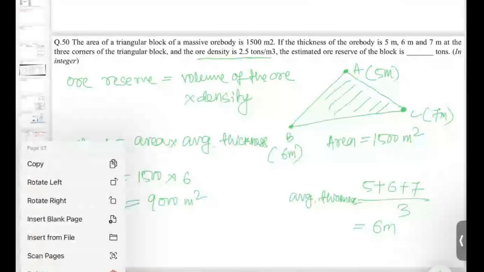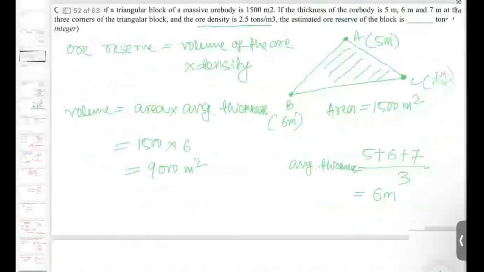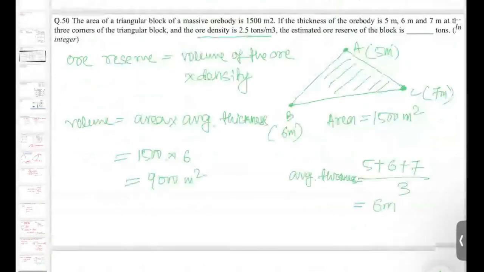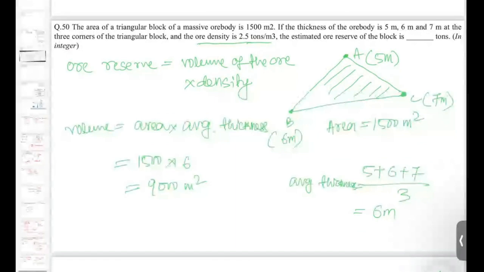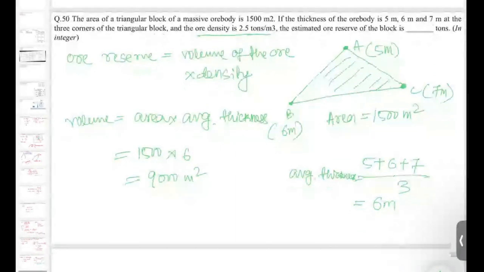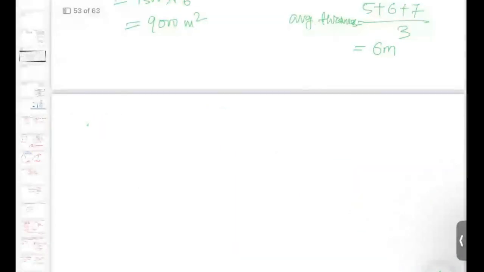Now to find the ore reserve, multiply the volume with the density. The ore reserve will be 9000 into 2.5.